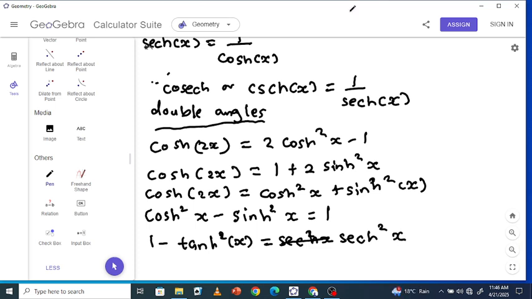We have a squared here. Another one, we have the cosech squared x is the same as the coth squared x minus 1. Those are some of the critical identities that you need to know when you are integrating or differentiating a hyperbolic function.